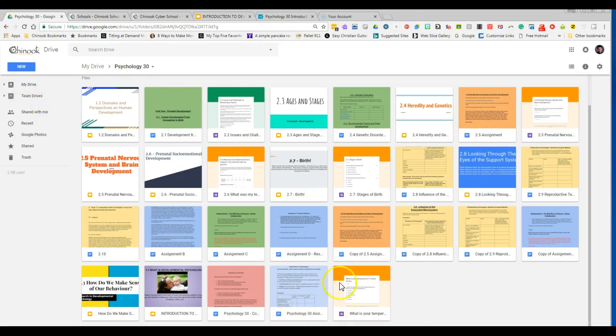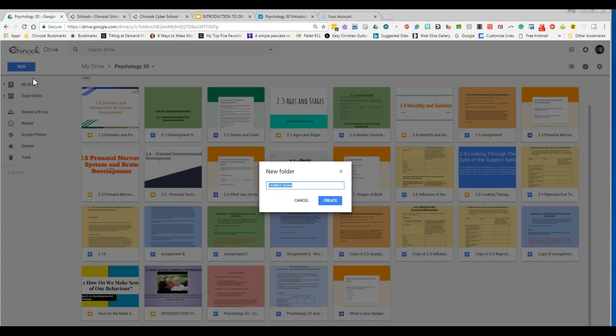I would also make folders in here so that you can separate Unit 1 from Unit 2 and so on. I'll just show you; I haven't done that yet. I'm going to go New and then Folder, and just for simplicity, I'm going to call it Unit 1 in Psychology.